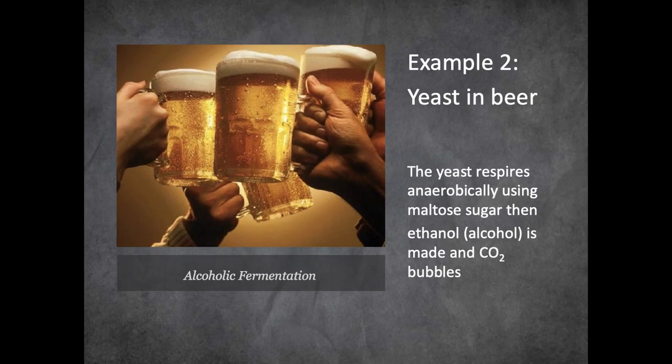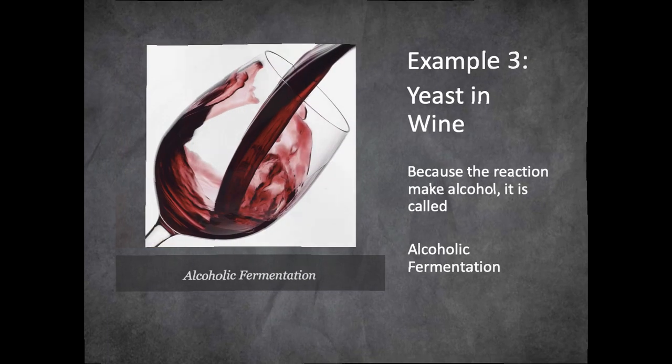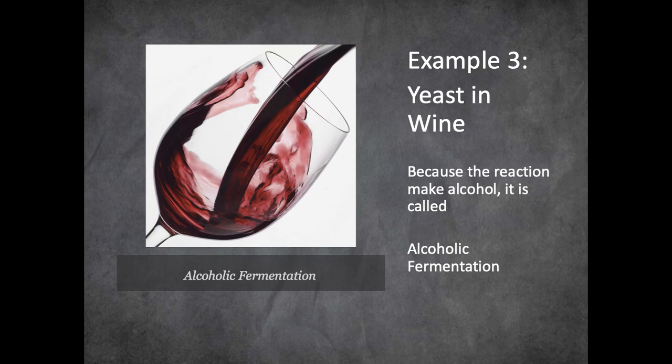Example number 2, make sure you write these down on the list there. Yeast and beer. Yeast is what breaks down the sugar when we make beer, and as a byproduct, we make alcohol. And that's why beer is fizzy, because it has both the alcohol and the carbon dioxide bubbles. Example number 3, wine.